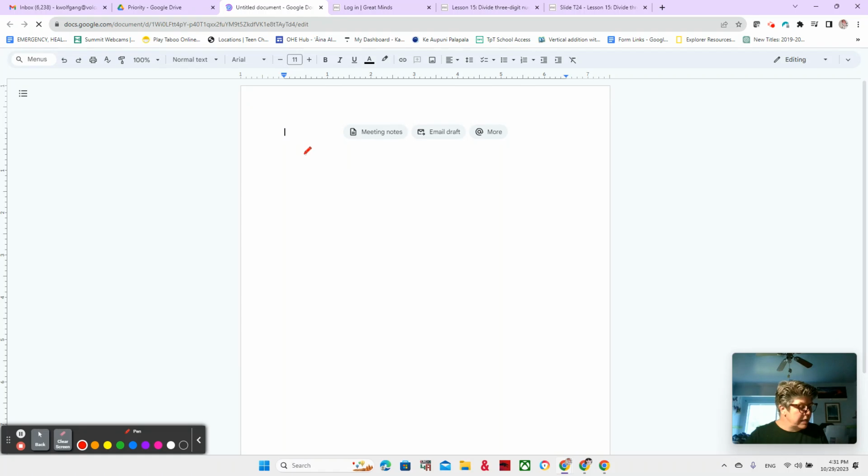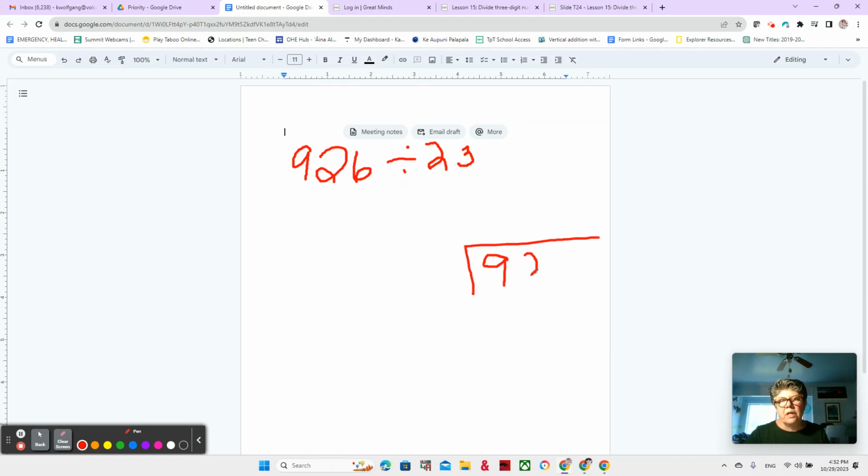Okay, so our new problem is 926 divided by 23. And as you know, the 926 goes under the house because that's your first number, and the 23 is the divisor. It goes on the outside.